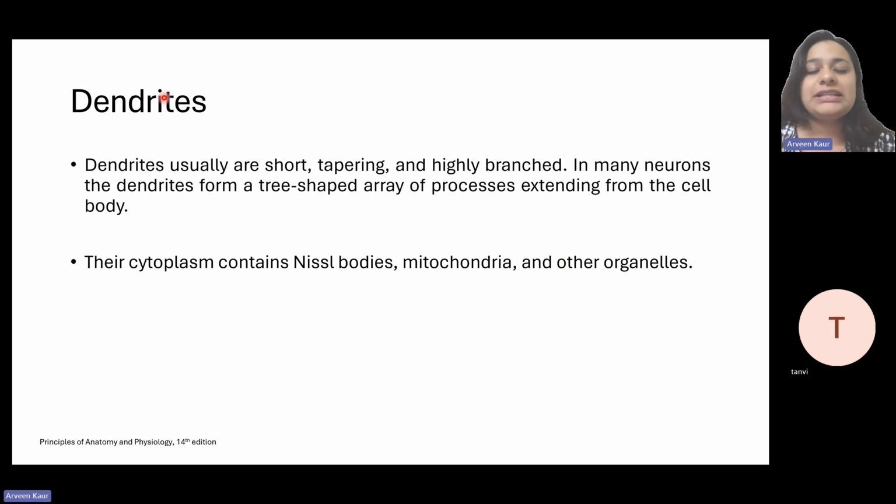These dendrites are usually short, tapering, and highly branched. Tapering as in they are pointed towards the end. In many neurons, the dendrites form a tree-shaped array of processes extending from the cell body. So it did look like a tree, right?